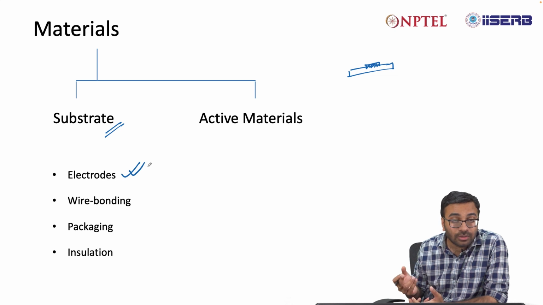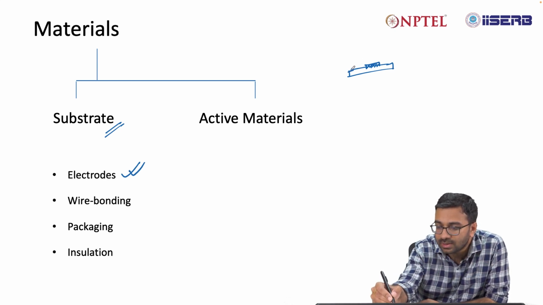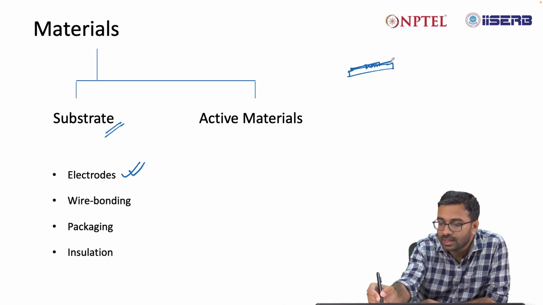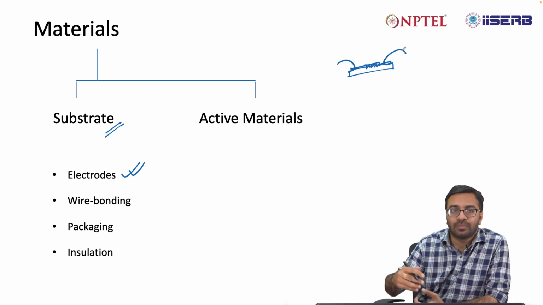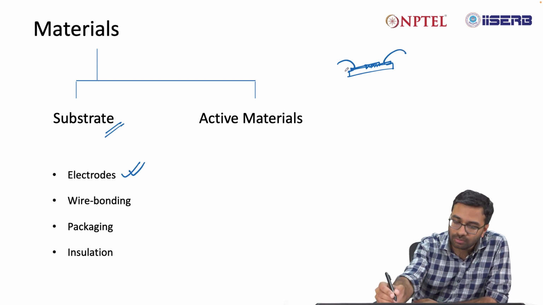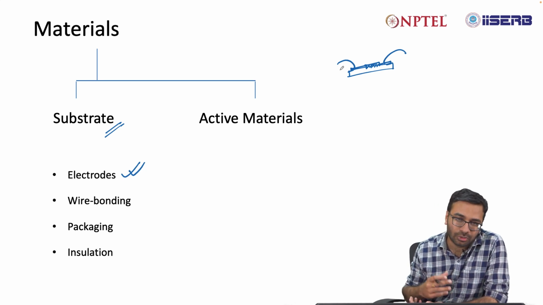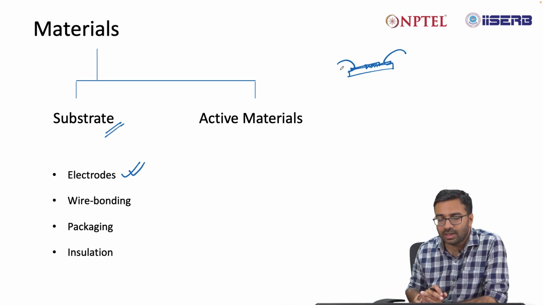For wire bonding also you need some material, because once you have a sensor, for example, say this has electrodes on 2 sides, then you need to connect this with a system for operation, and for that purpose you need wire bonding. Mostly it's wire bonding, sometimes you also solder it. There are different ways of connecting it, but this is one of the processes, right?